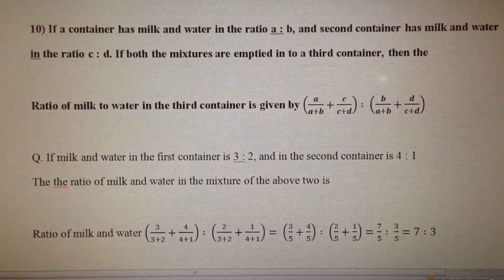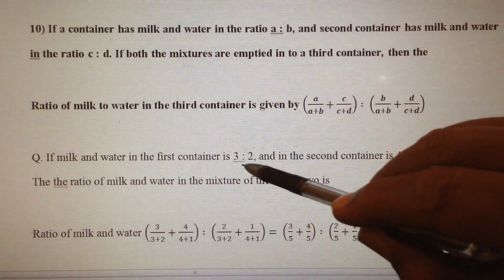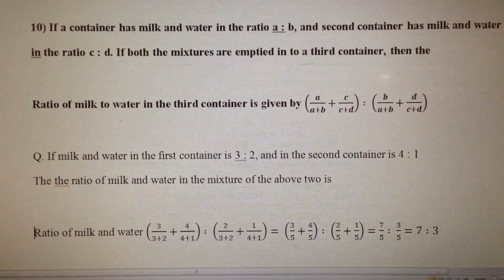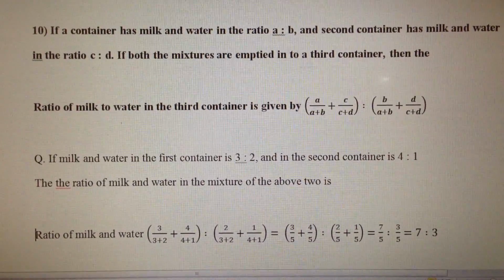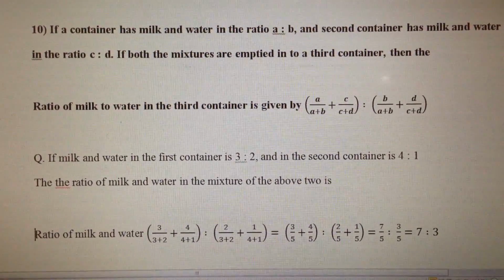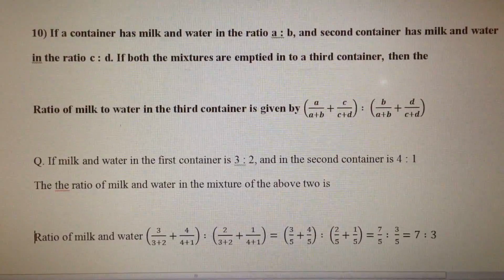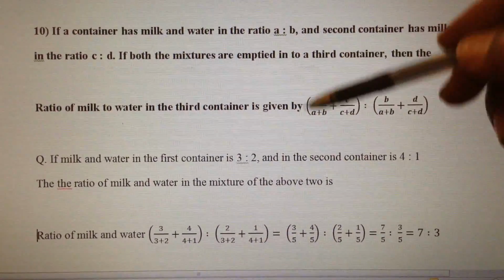Say a question here. If milk and water in the first container is 3:2 and in the second container is 4:1, then what is the ratio of milk and water in the mixture? We have already discussed the formula here.